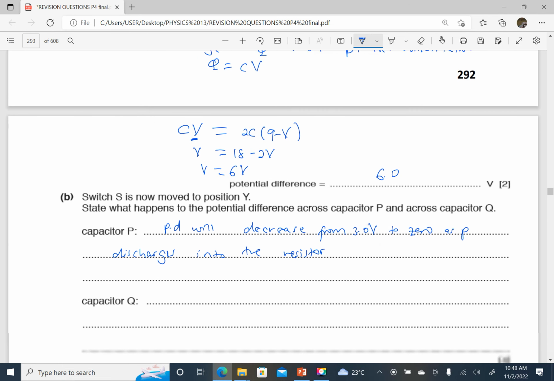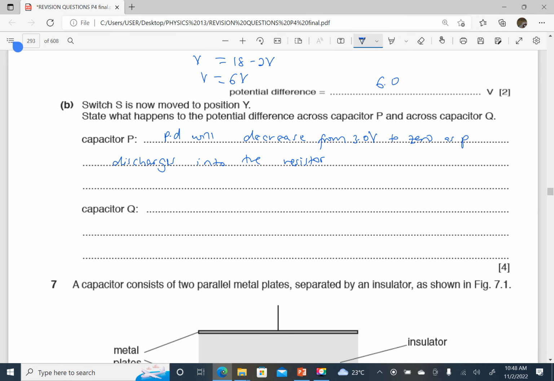Therefore, for capacitor Q, we are saying that as the PD across P decreases, the PD across Q increases.